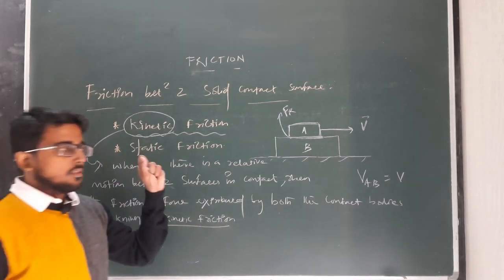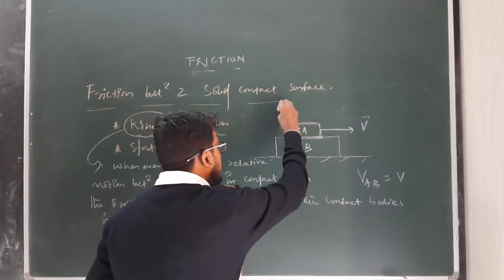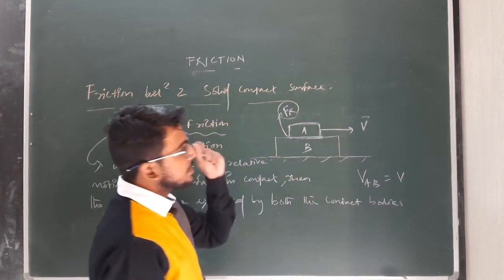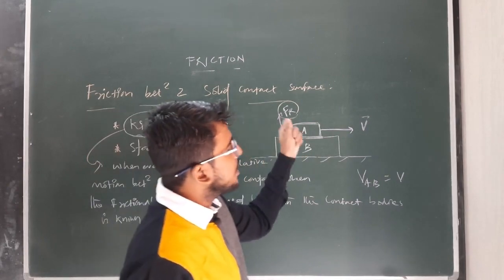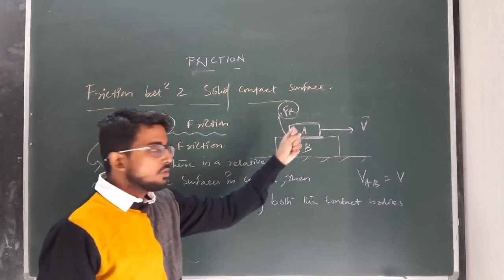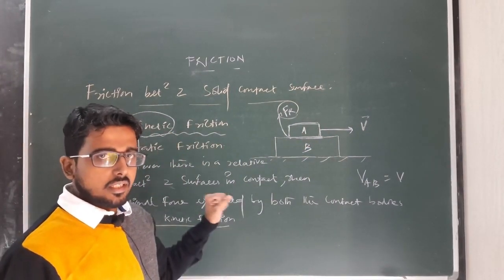So you have to remember that the frictional force always tries to oppose the relative motion between both the contact surfaces. Clear?